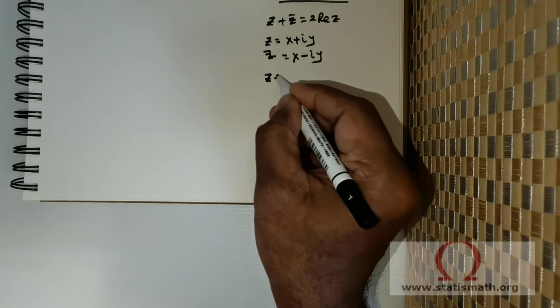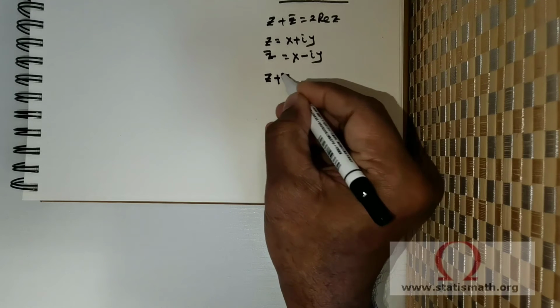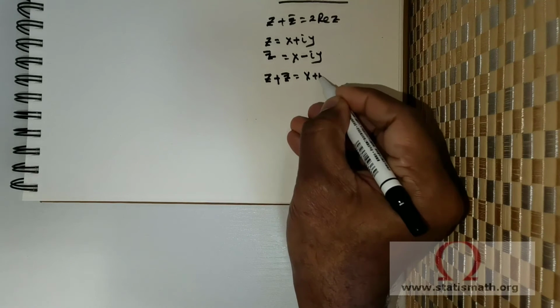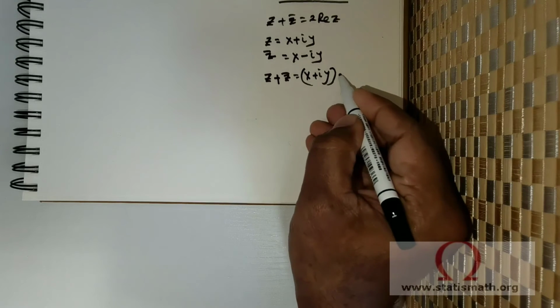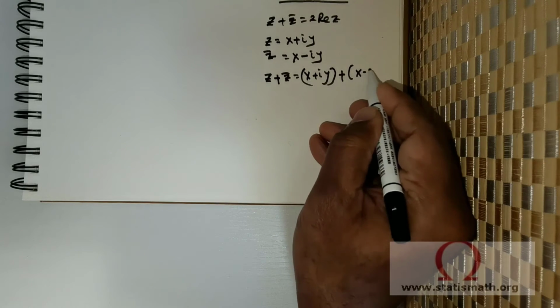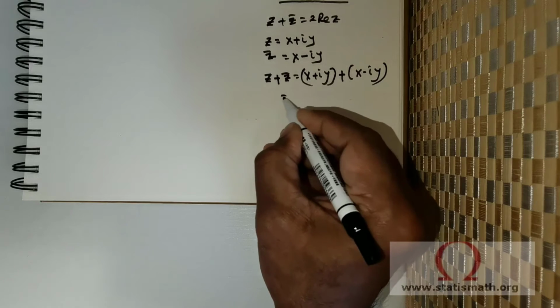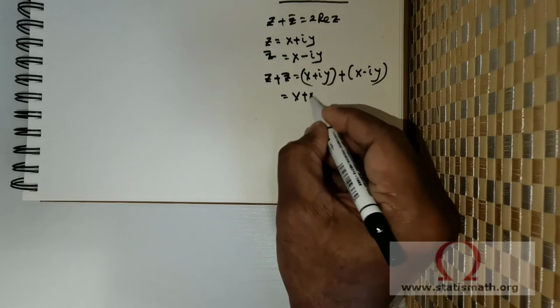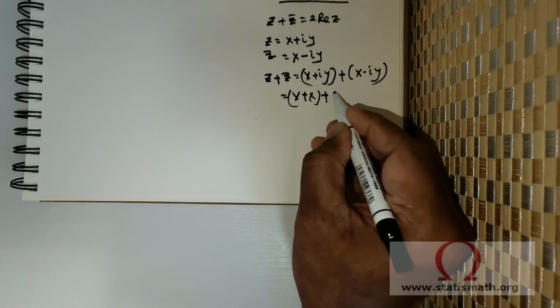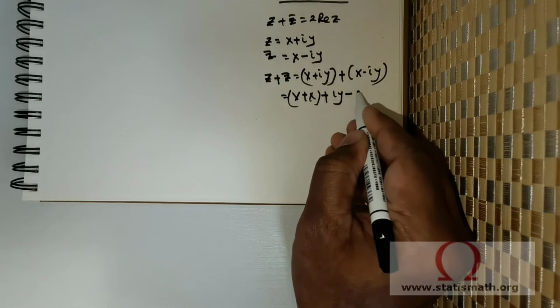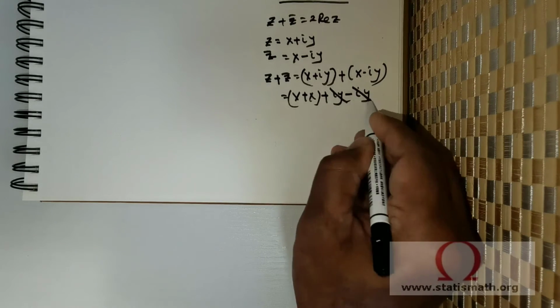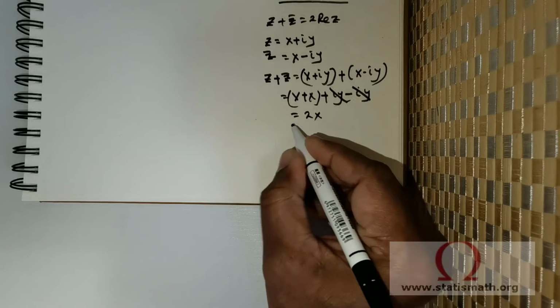Therefore, if I add z with z bar, I get x plus iy added with x minus iy, which is x plus x, adding the real parts. Now I have an iy and a negative iy, so both these get cancelled, giving me 2 times x.